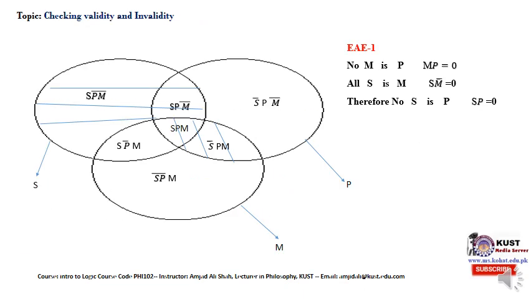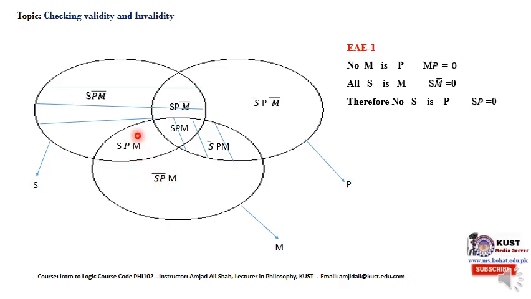Now have a look at this diagram. So this is the symbolic form. Now the first premise says MP is equal to 0. This is the class of MP and this is the class of MP. This is M bar P, this is not MP. This is MP bar.